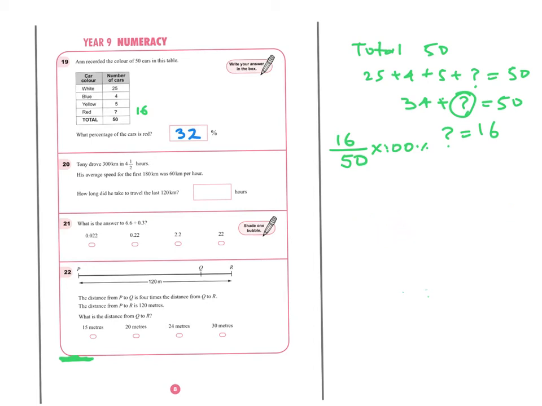Usually when I read the question, I'm looking at what has been given. So what do we have here is drove 300 kilometers in 4.5 hours. So 4.5 hours is 300 kilometers.